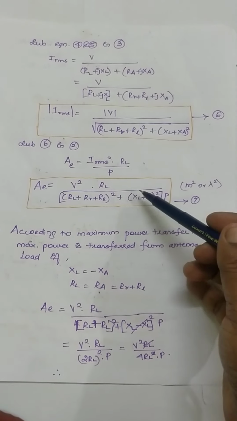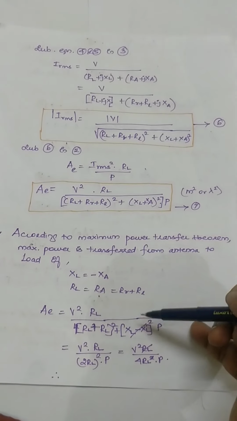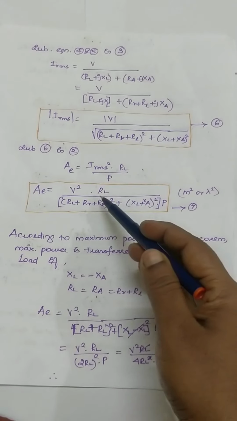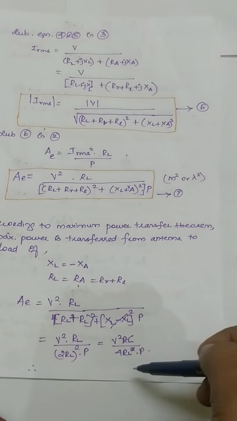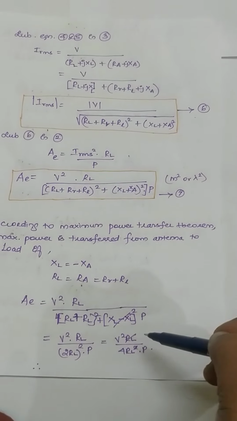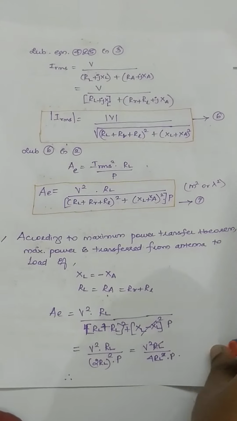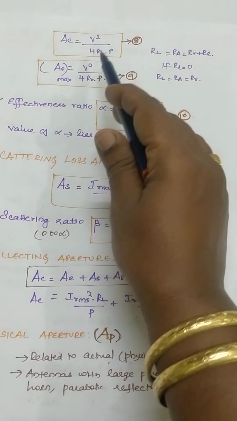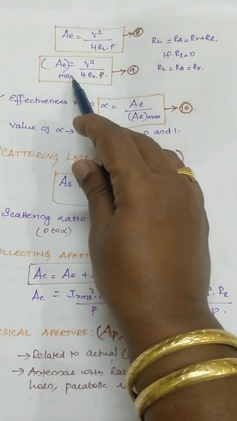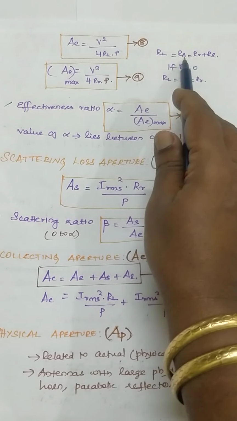So I am replacing XL equal to minus XA, so this term becomes 0. RL equal to RA. So 2RL square. Upon simplification, it is given by V square divided by 4RL into P is equal to AE. Now, with this equation, I am defining the maximum effective aperture by making the RL term, which we already know, equal to RA.